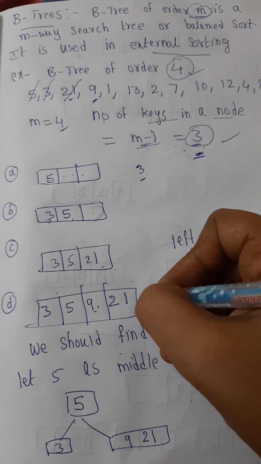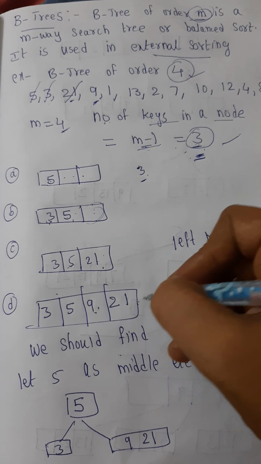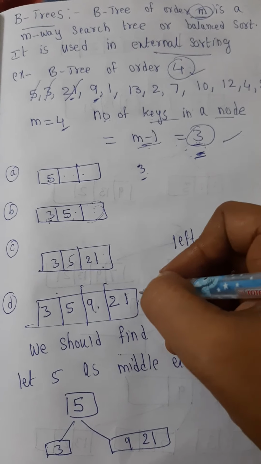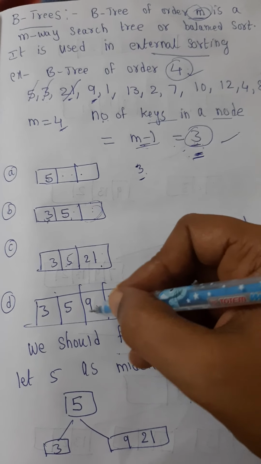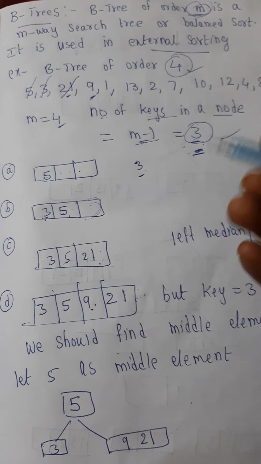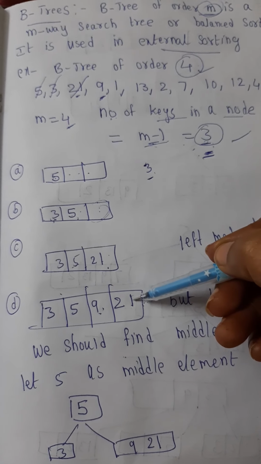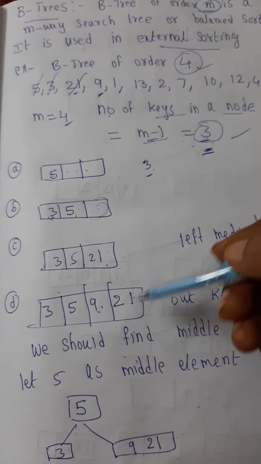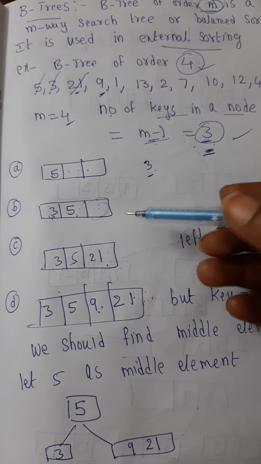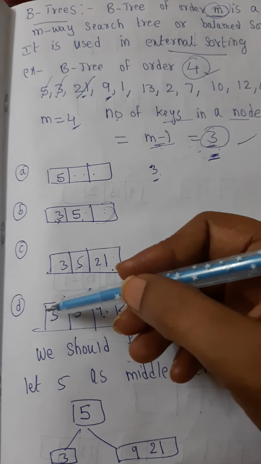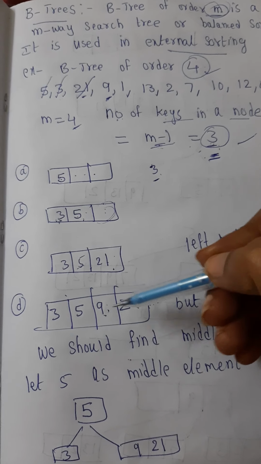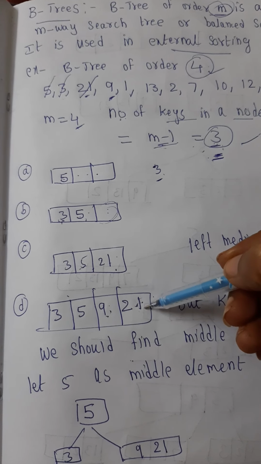So in that case, we have to select one element and move it to the upper level. In these 4 elements, we have to select the middle element.